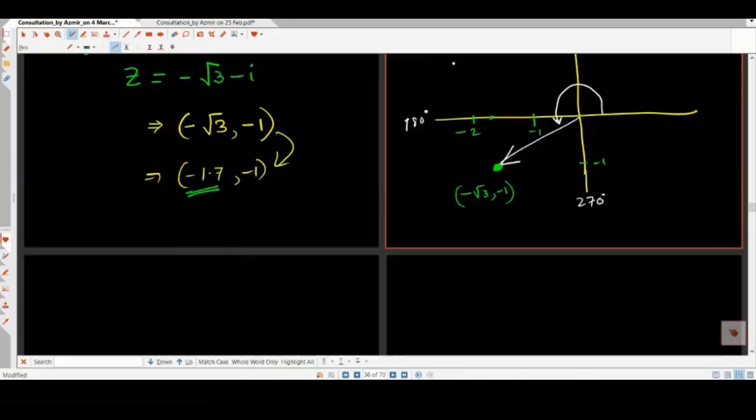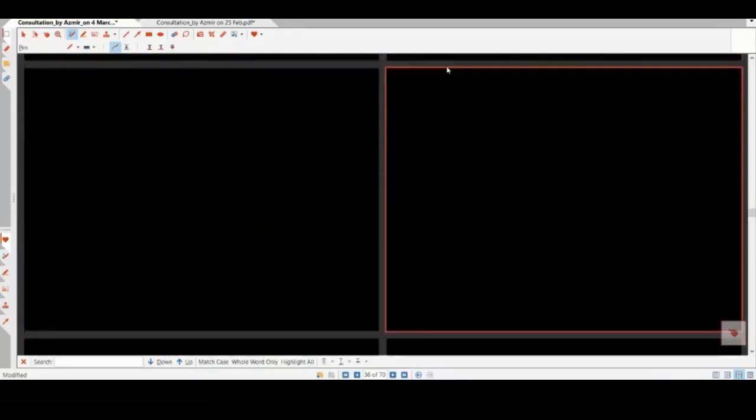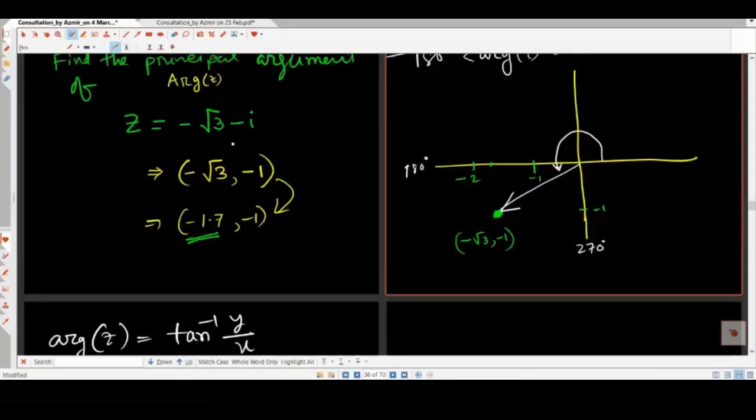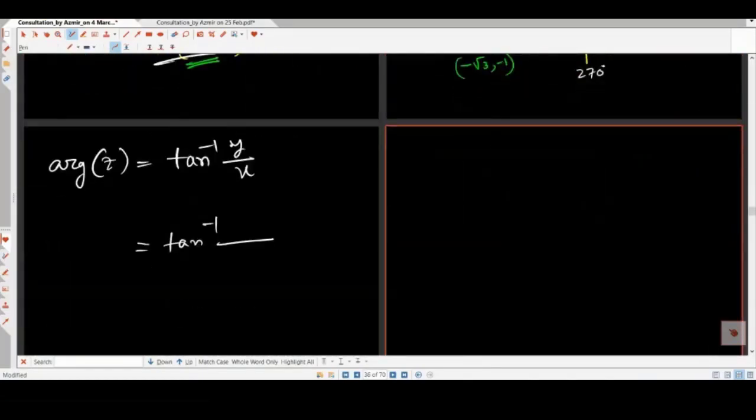So let's try to find the argument first. We know that small arg of z is equal to tan inverse y over x. So let's plug in the values of y and x. Our y is negative 1 and x is negative root 3.